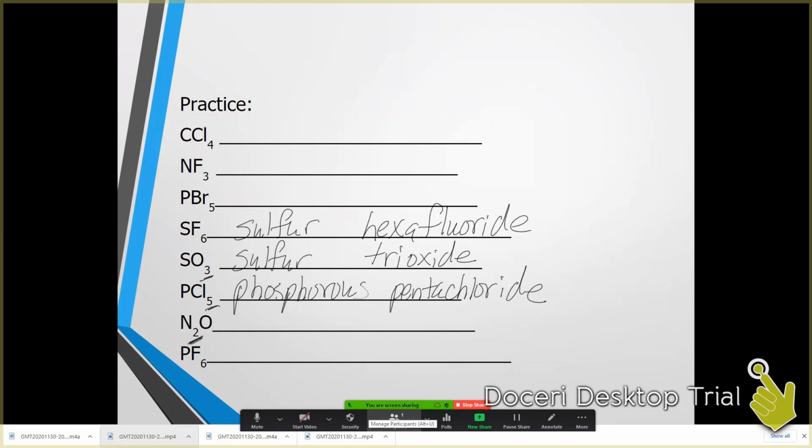We did this one. Finally have a prefix because I have 2, so that would be dinitrogen. You notice the ending does not change. You just tack a prefix on the front. And then second one always has a prefix, so monoxide. Phosphorus. 6 is hexa, so hexafluoride.